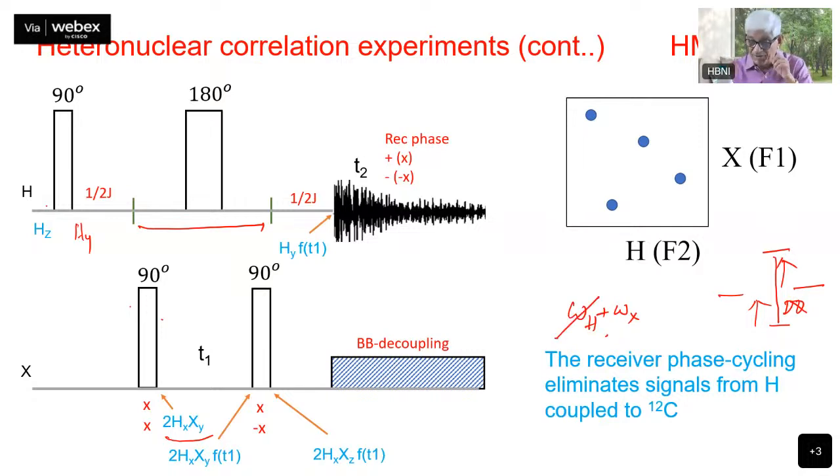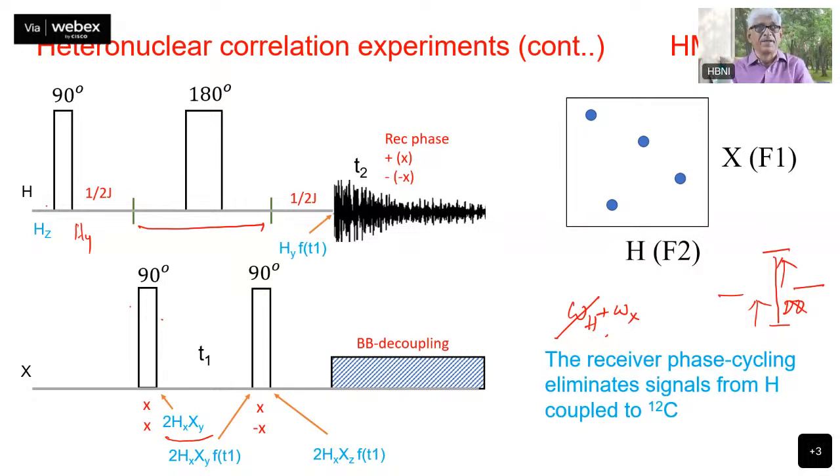So during this period, we will have only omega X. And at the end, the product operator is still double quantum coherence, 2HxSy.